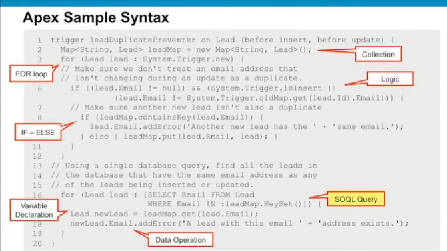Down here on line 16, we have a SOQL query. SOQL stands for the Salesforce Object Query Language. This is our version of SQL. It is slightly different. Once again, it is 80% the same, but it is different from SQL in a number of different ways. We'll spend some time talking about this later on.